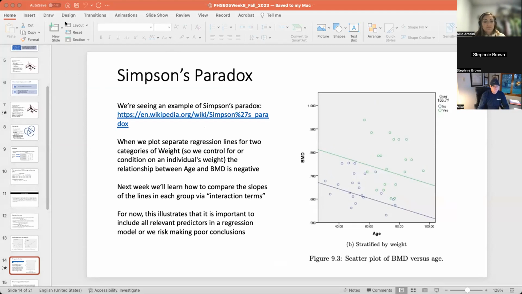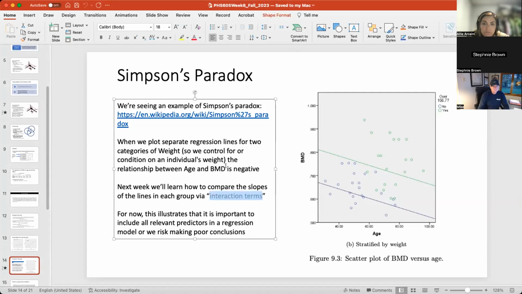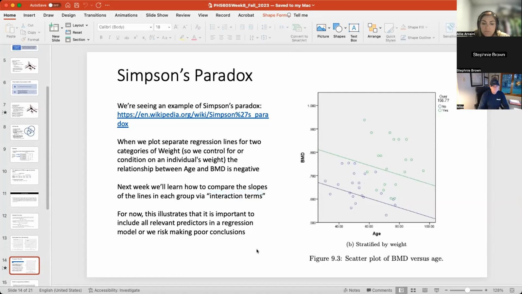Just while you're opening that up, why is it intuitive that those lines are parallel? It's probably not intuitive. The reason the lines are parallel is because we're not fitting what we call an interaction model. Next week, we'll allow for these lines to potentially not be parallel.